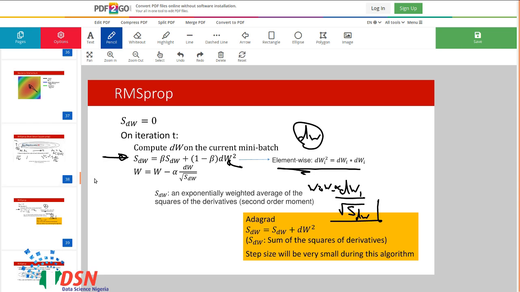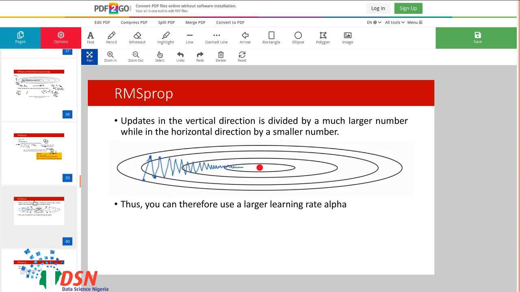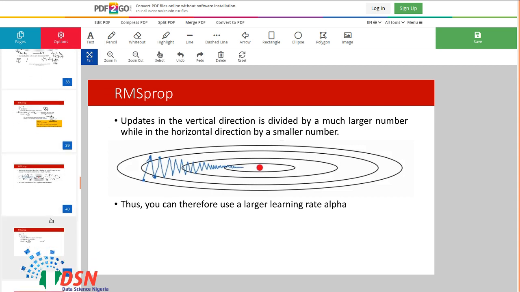Okay. So in this case you could also use a larger learning rate alpha, because to some degree it automatically adjusts the step size in different directions.